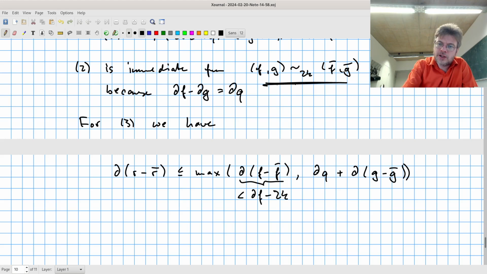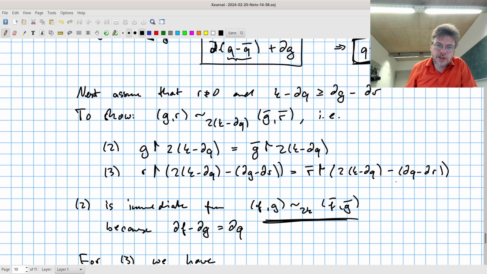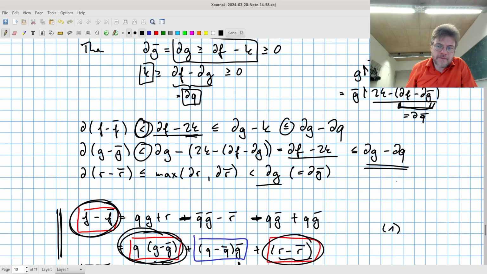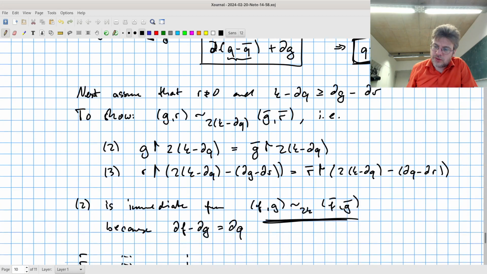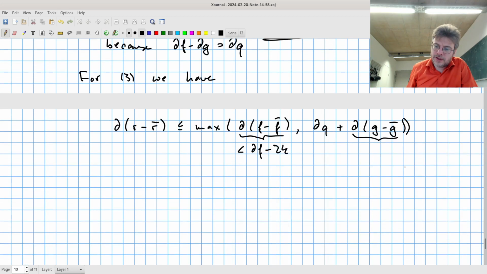That's again by this assumption here. And here we have that this here is bounded by this one. So this is less than the degree of g minus the degree of q. That's nice because that means this cancels with this.